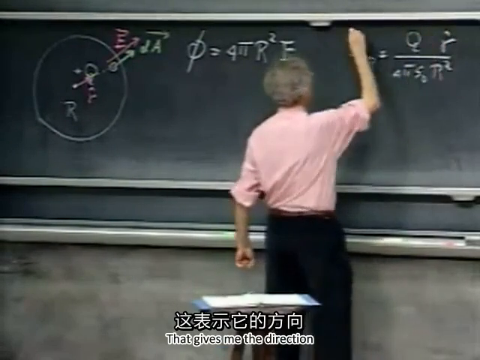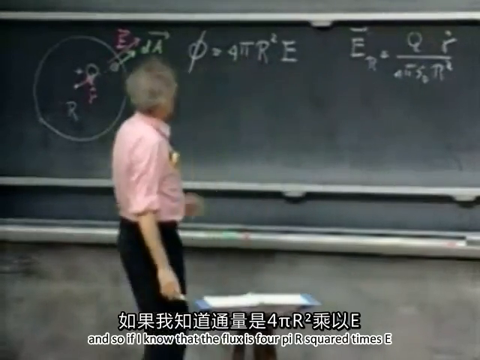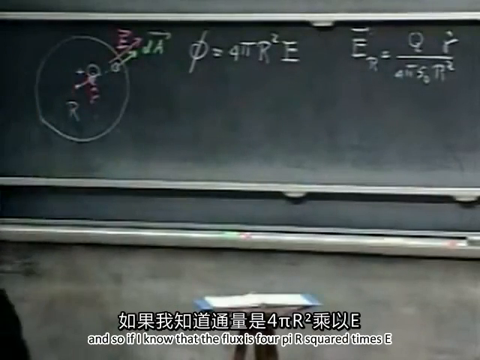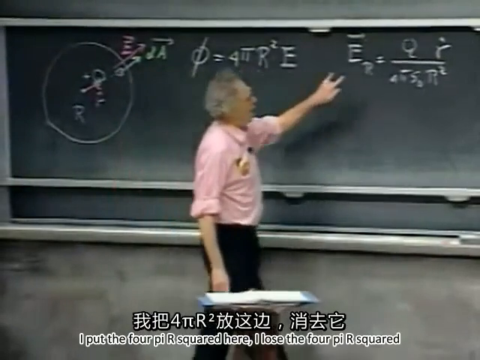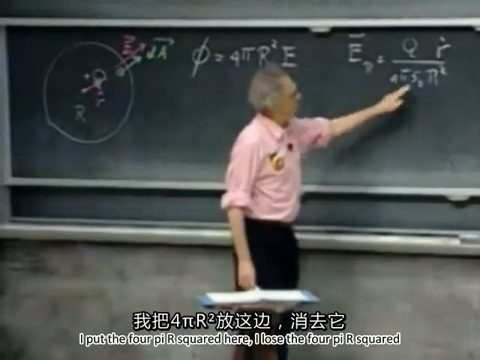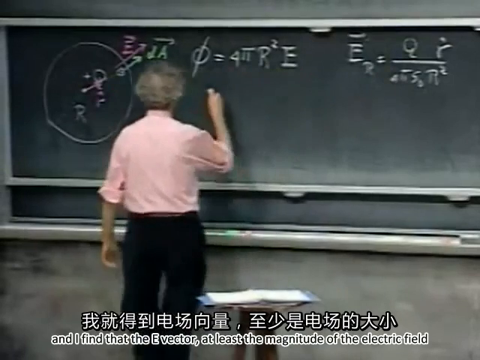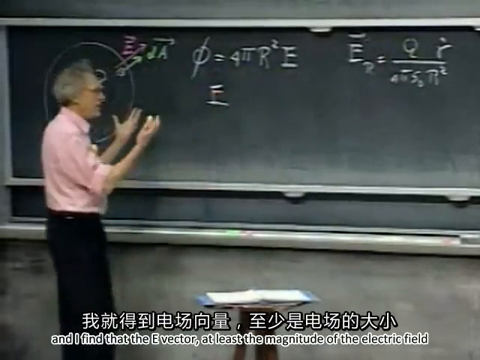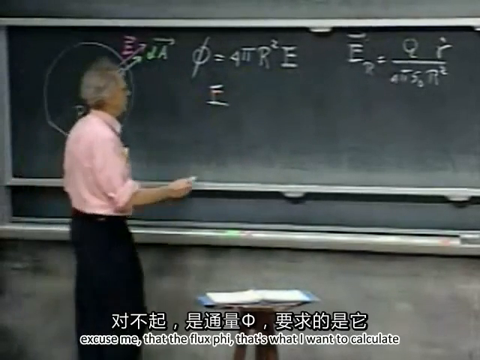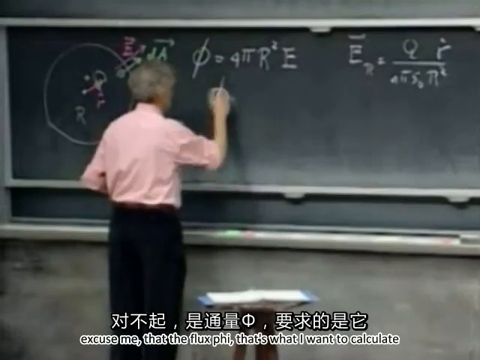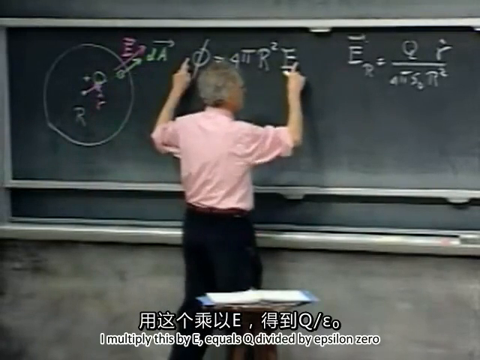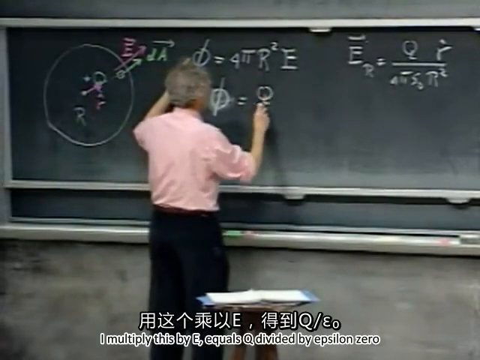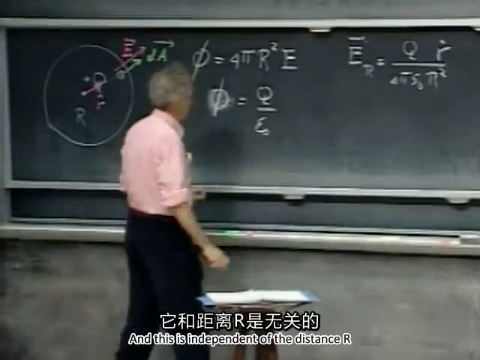That gives me the direction. And so, if I know that the flux is 4 pi r squared times E, I put the 4 pi r squared here, I lose the 4 pi r squared, and I find that the flux phi, that's what I want to calculate, equals Q divided by epsilon 0.